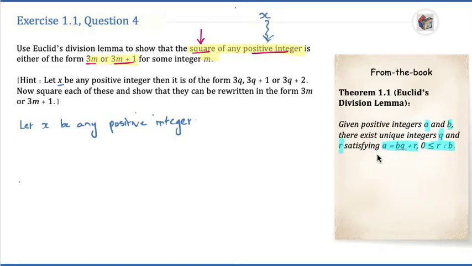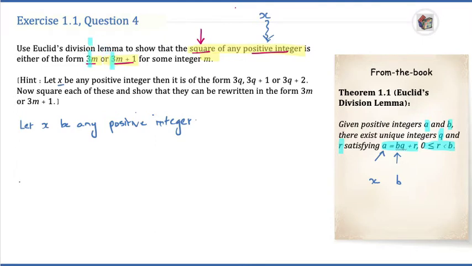Now, according to the lemma, we have a, that is the dividend, and we have b, which is the divisor. Now, in place of a, my dividend right now is x. x will be my dividend, and b, which is the divisor, has to be this number that I see, 3m, 3m plus 1. So it's 3.